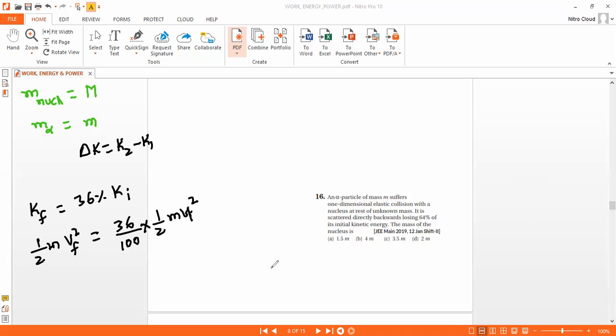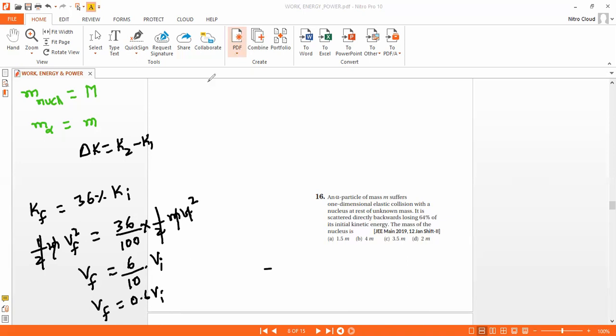Upon calculation, the final velocity equals 6 by 10 times the initial velocity, so the final velocity equals 0.6 Vi.